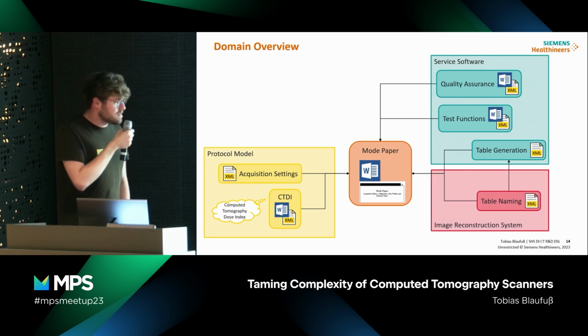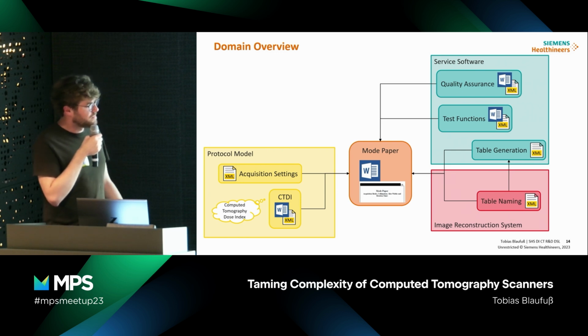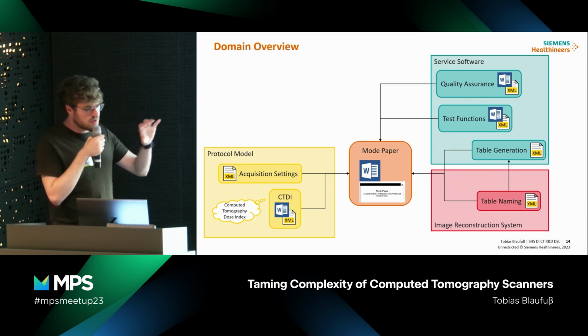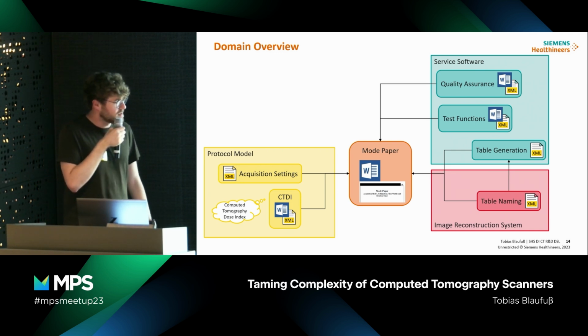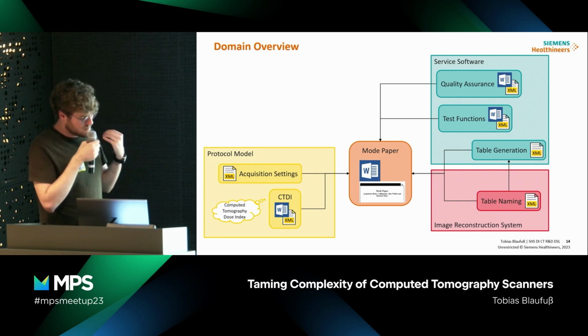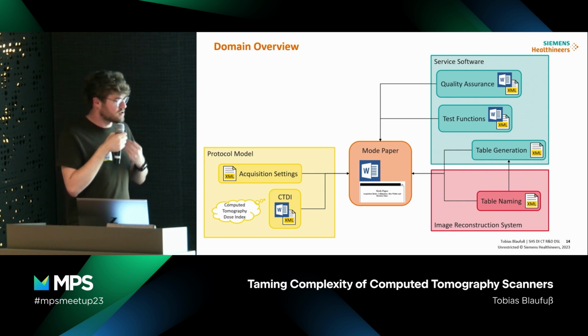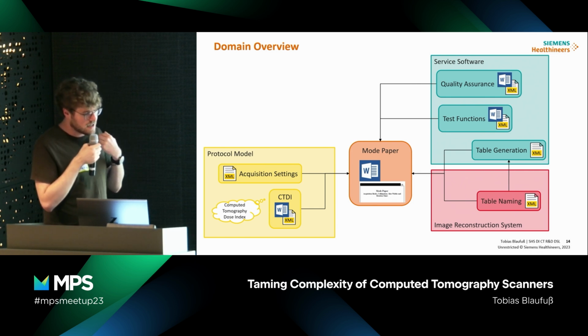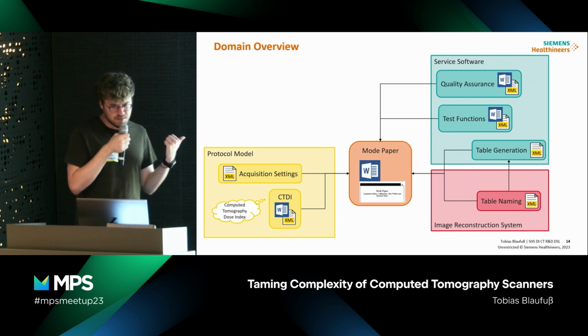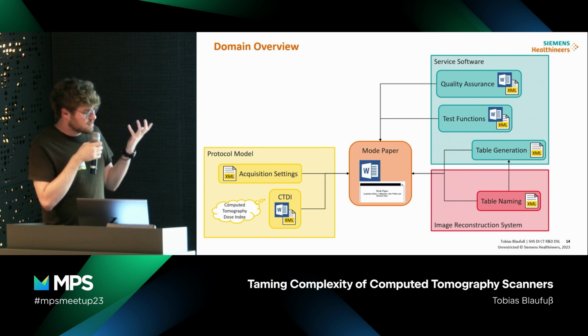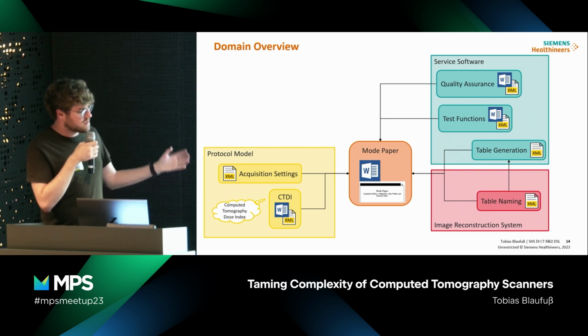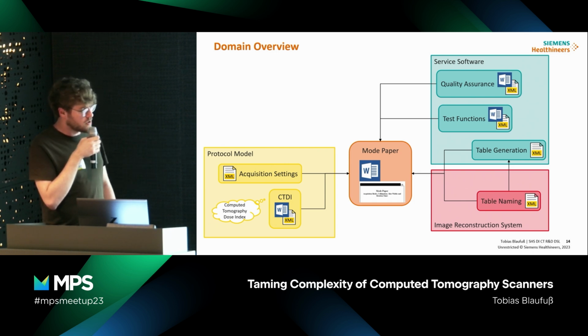And the last part, this image reconstruction system, there is no connection to the outside world for this IRS. So it is necessary that we ensure that all data that we actually expect via our parameterization is really on the system. So we also have a domain in place where you can define what has to be deployed to this IRS.